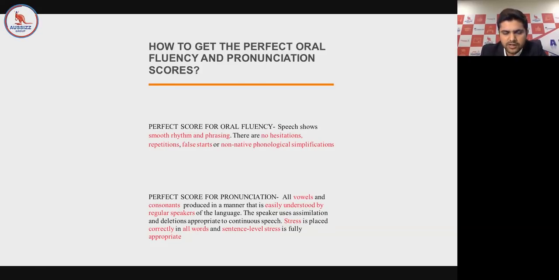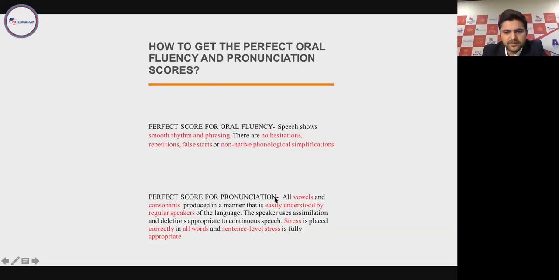And how then could you get a good score or a perfect score for pronunciation? To get a perfect score for pronunciation, you need to produce the sounds of all the vowels and consonants in a way that is easily understood by all the regular speakers of that particular language.